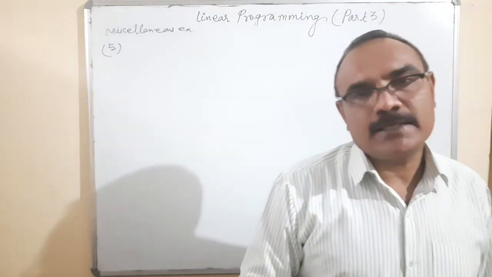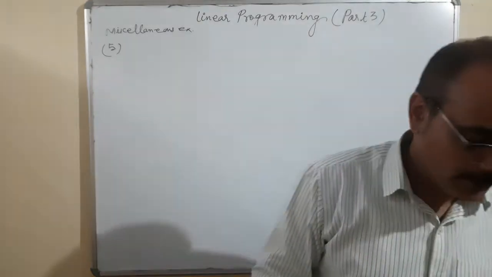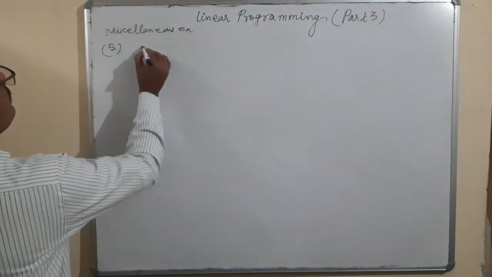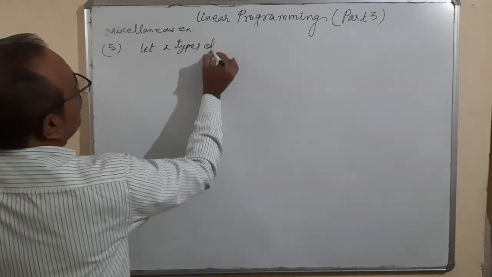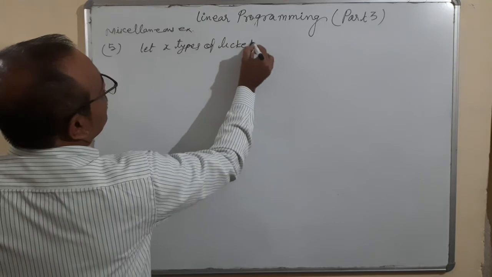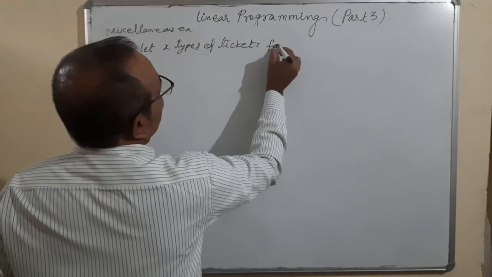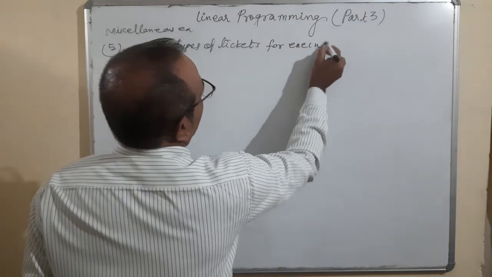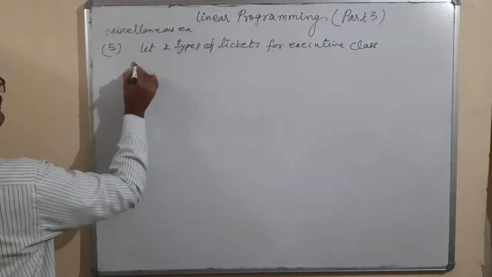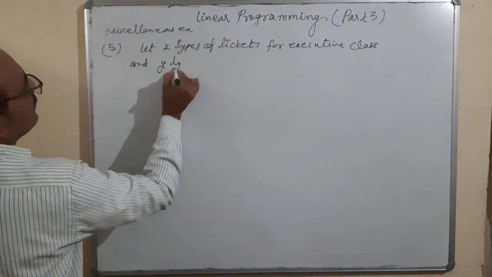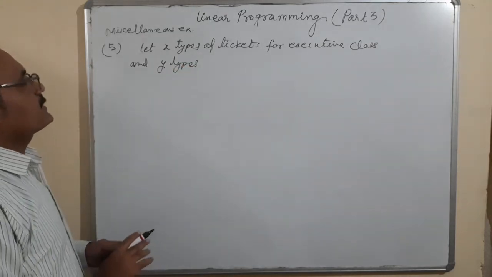So let X tickets for the executive class and Y tickets for the economy class be sold. Sorry, we don't write X types of tickets.